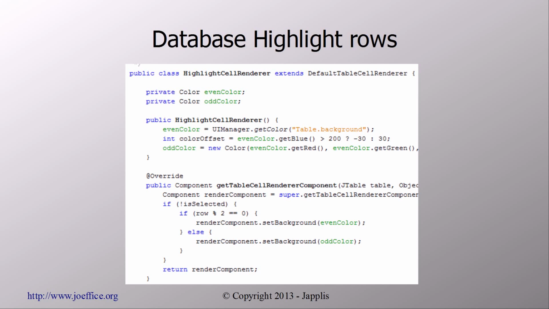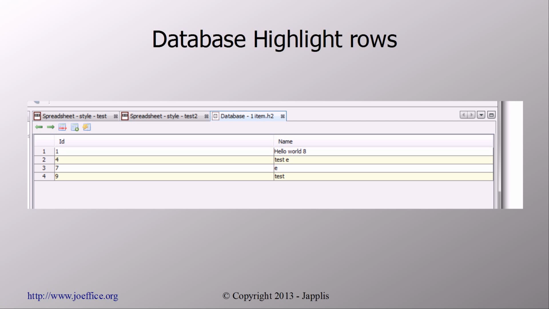To be compatible with all the look and feels, you need to take the table background and apply a small difference to it. In this case, I'm changing the blue to be a bit darker or a bit less dark. And here we have the result of it. You see the yellow and white lines, for example, in the Windows look and feel.